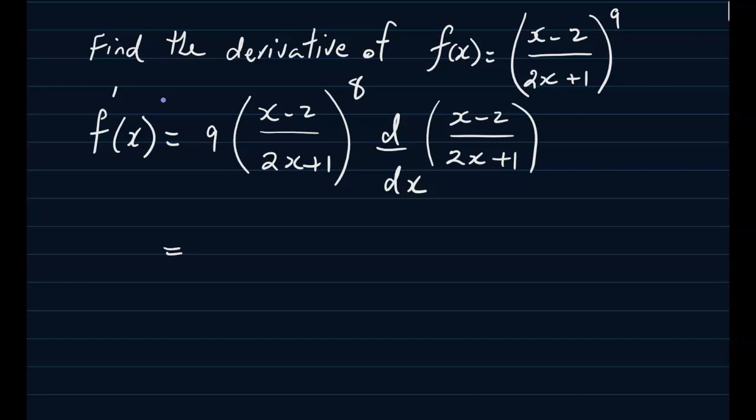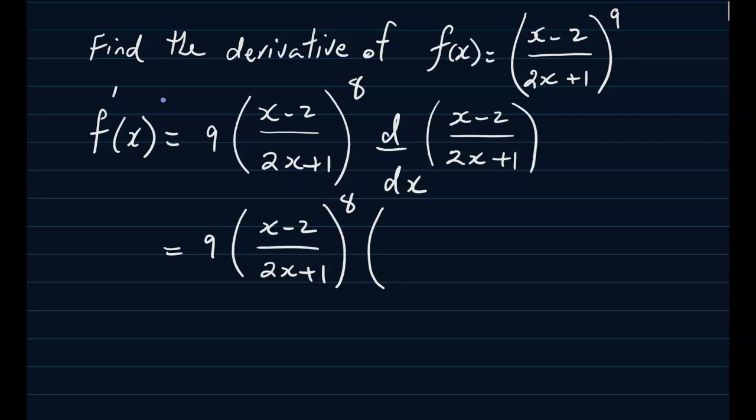So the first term stays the same, so we have done the derivative of the first to the power of 8, and now this is the quotient rule that we're going to use, and that's multiplied by. So now we're going to go through and use the quotient rule, and that is basically the derivative of the top.